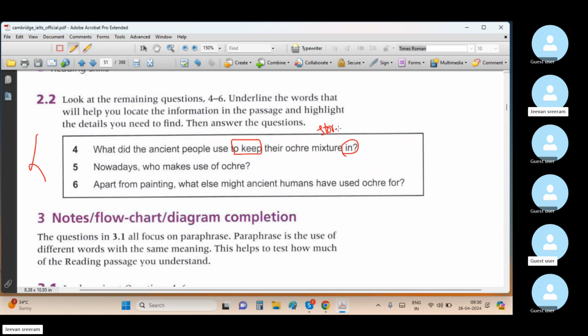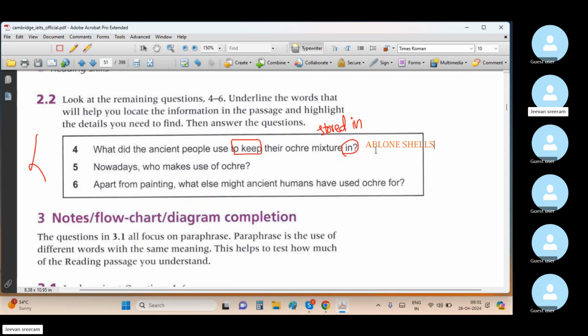Keep in is equal to stored in, given in the passage. In the question it was keep in. What's the phrase giving the same sense from the passage? Stored in. That is abalone shells. Right.